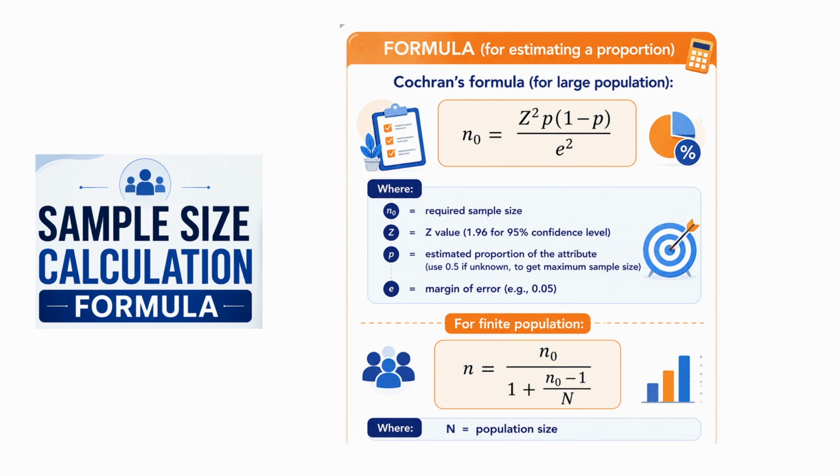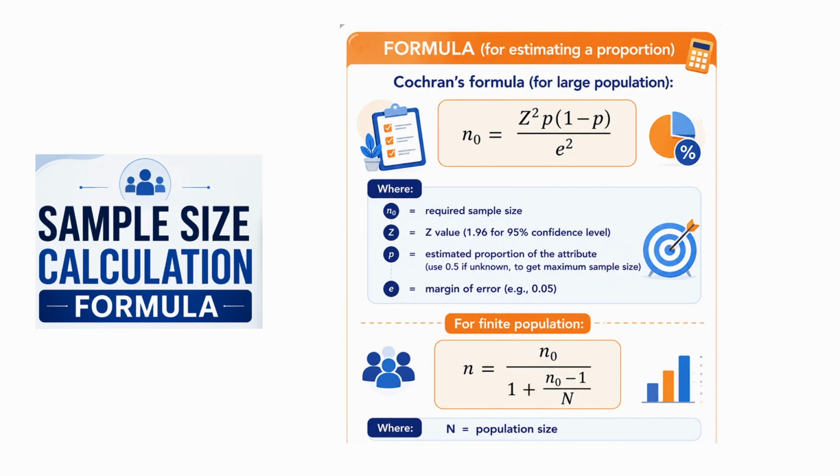In this case, stress is the outcome variable. So, how much proportion of the sample may be having stress? That value is obtained from previous research. Use 0.5 or 50% if unknown to get the maximum sample size.